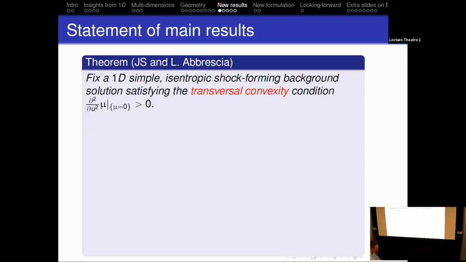One of these 1D solutions that I showed earlier in the talk, and consider only initial data that satisfies this transversal convexity condition where the second derivative of mu with respect to u along the singular boundary is positive. So this notion of transversal convexity coincides with the non-degeneracy that I mentioned for Burgers' equation, the thing that's modeled by Burgers' data with minus x plus x cubed. Okay.